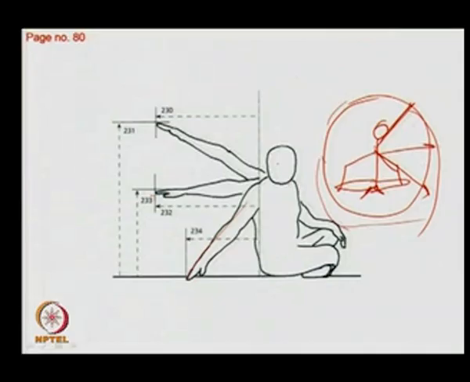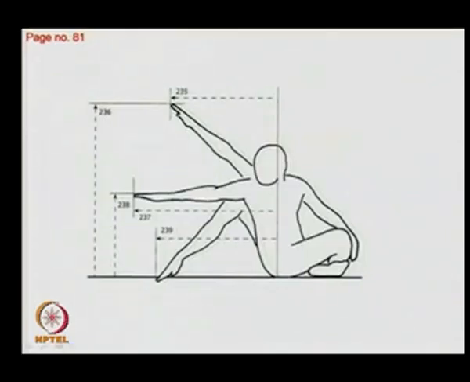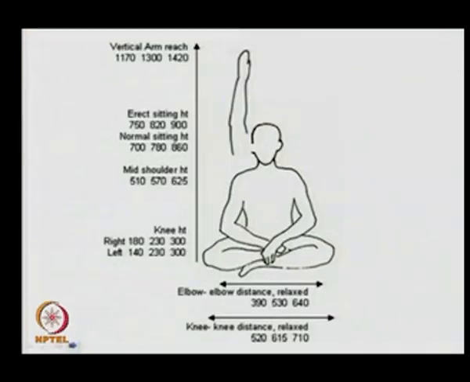So, this is the arm workspace envelope in a cross-legged sitting posture, in an erect posture, and when we are considering these dimensions in a bending, it is a bending posture. So, this is a backward movement. Now, some of the data here is given in a standing, in an erect sitting posture, vertical arm reach, and all these dimensions are in millimeters.